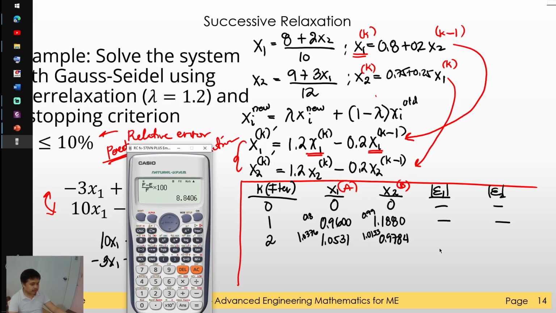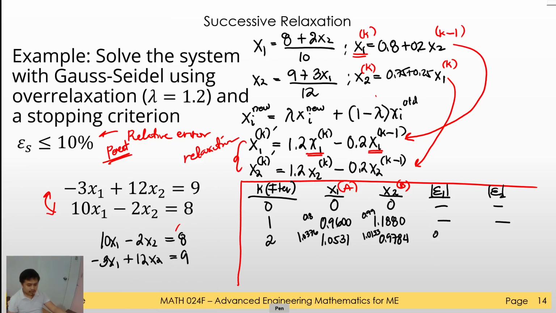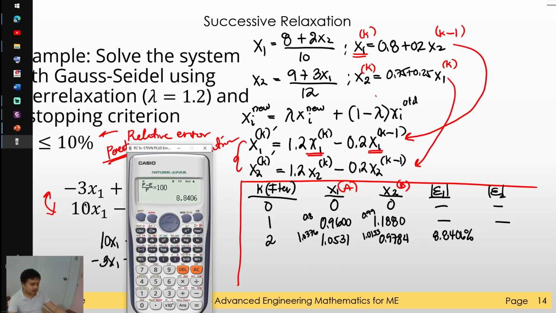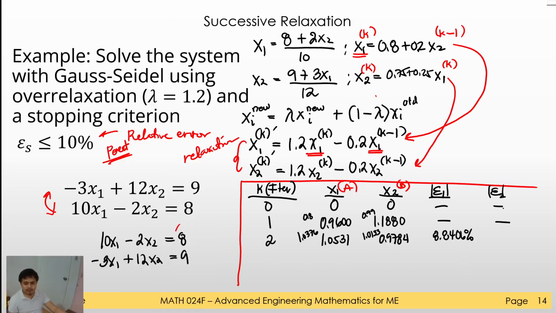So we have 8.8406%. And then for the next one, we calculate this as 0.9784 and 1.188. So you have negative 21, so this will become positive 21.4227%.